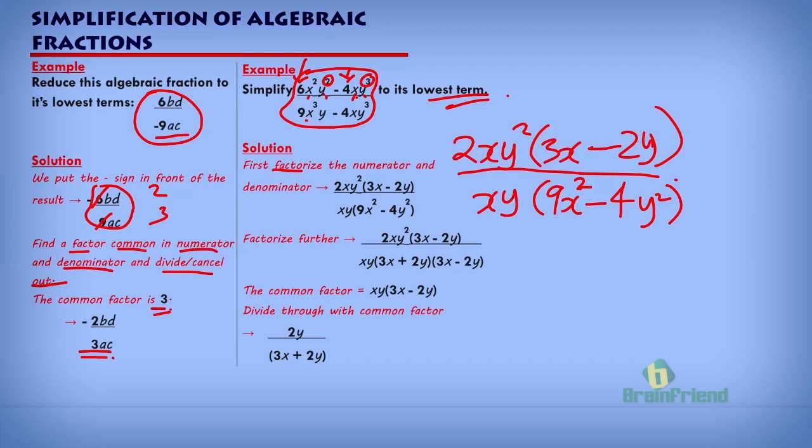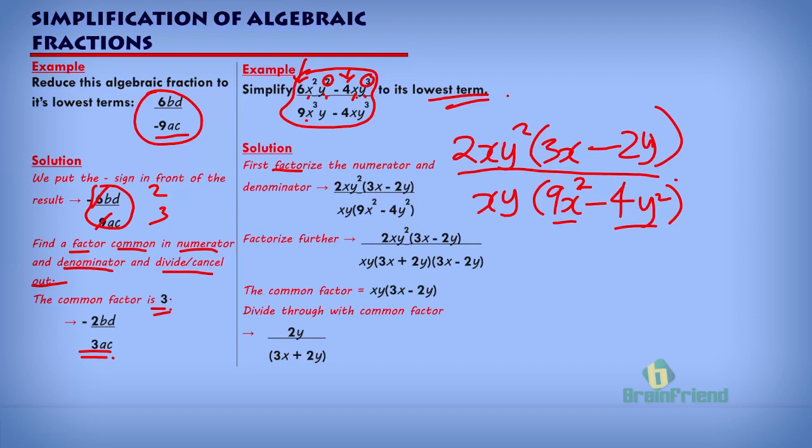Now, the next step is to go ahead and further simplify. In simplifying, we'll see that there are still other ways to factorize this further. We have, for instance, here 9x squared minus 4y squared. This can be further broken down.